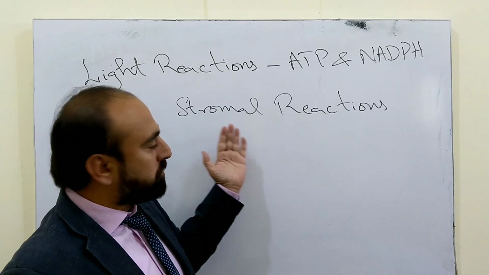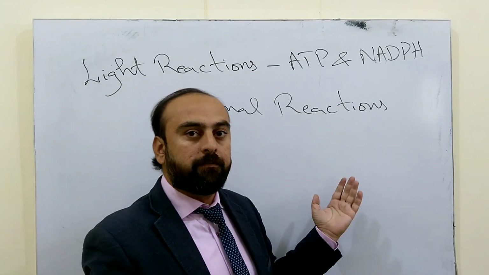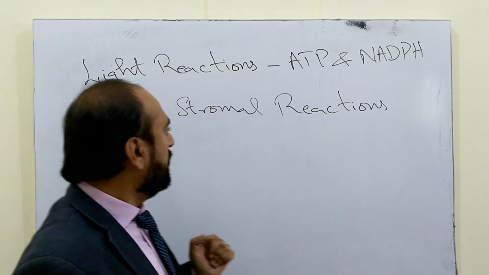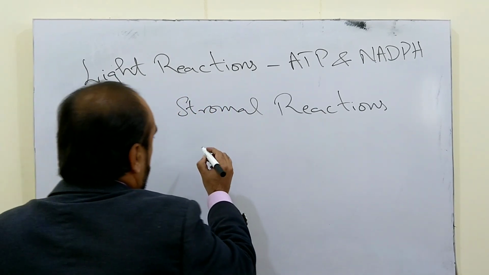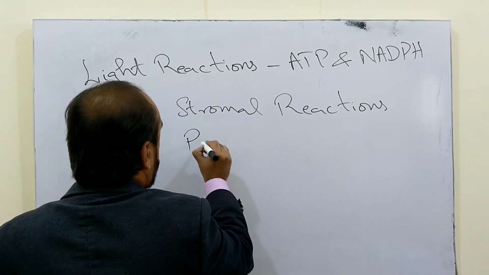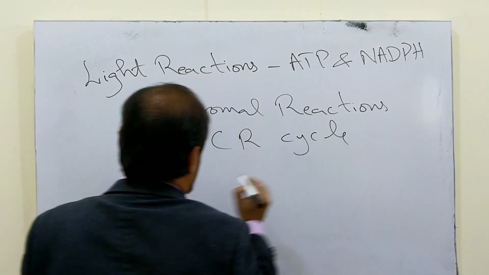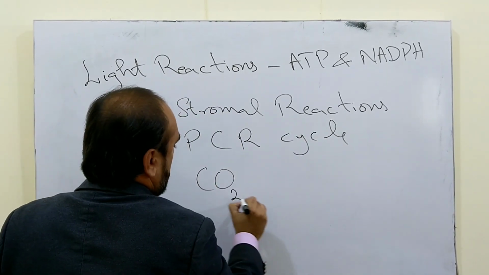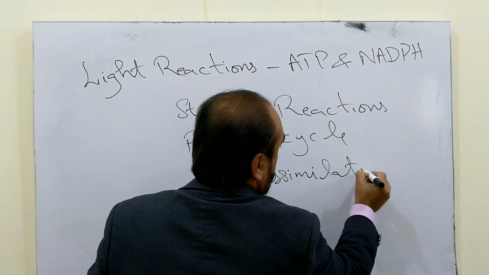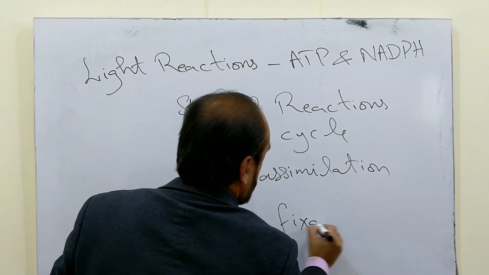Why does this take place in stroma? Because the enzymes required for carbon dioxide reduction are found in stroma. This is also called the photosynthetic carbon reduction cycle or PCR cycle, carbon dioxide assimilation pathway or carbon dioxide fixation.